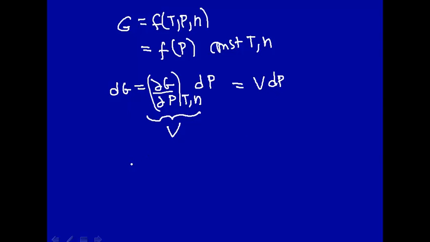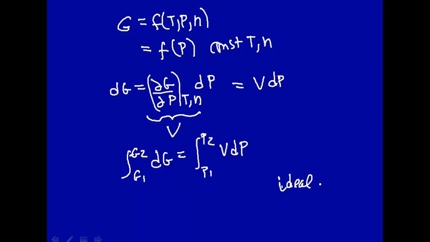Okay, so let's integrate this. Let's integrate this from, say, G1 to G2 dG. This will be the integral from pressure 1 to pressure 2 of V dP. Let's make the usual assumption we have an ideal gas. So we can replace V with nRT over pressure.